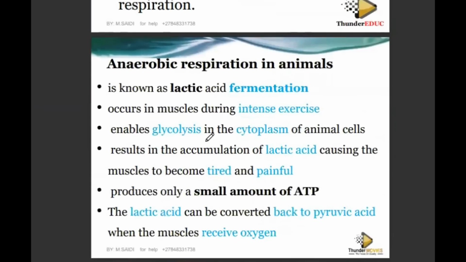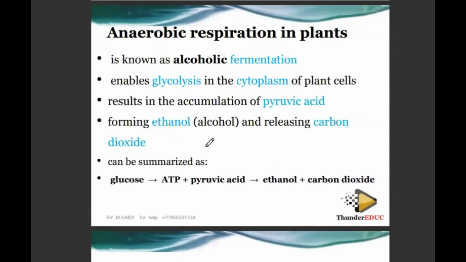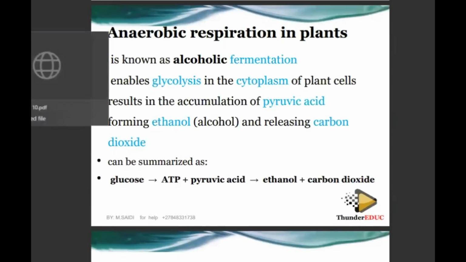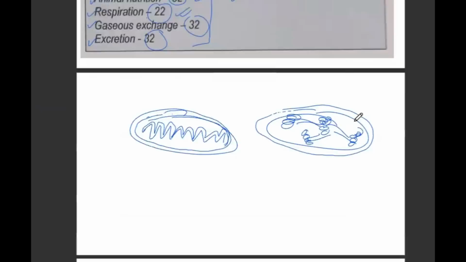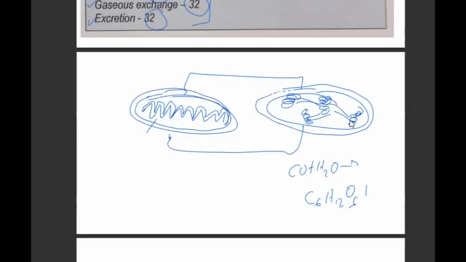Or we combine respiration with photosynthesis. Let me show you what I'm trying to say. We combine, yes, here is respiration, and then we do something like this. And remember that the product, if we are saying that photosynthesis, you have carbon dioxide plus H2O, giving you C6H12O6 plus oxygen.